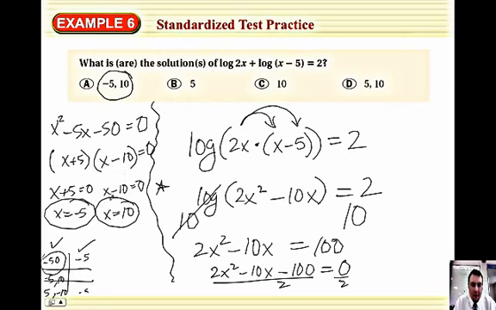Watch this. If you put in negative 5 into the original, look, check this answer. Put in negative 5 into x here and into x here. What do you have? Log of 2 times negative 5, which is negative 10, plus log of negative 5 minus 5.